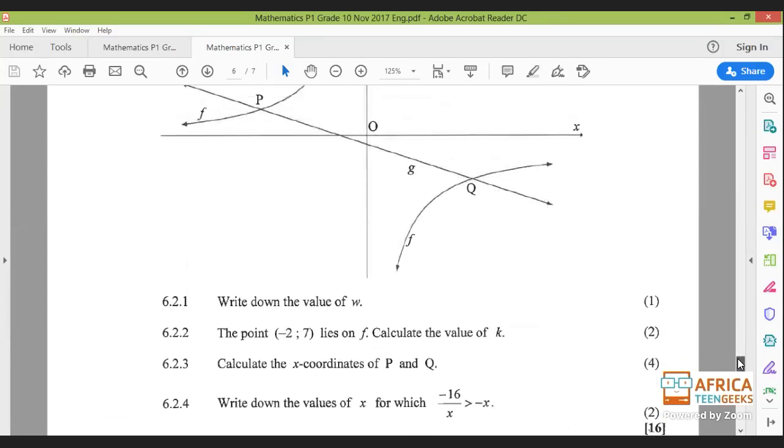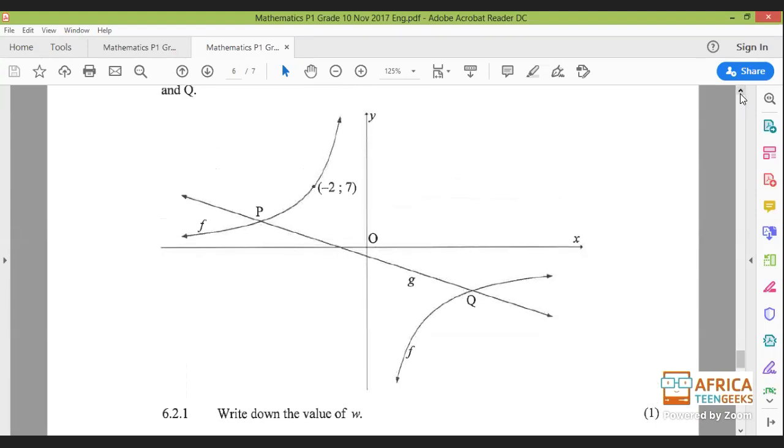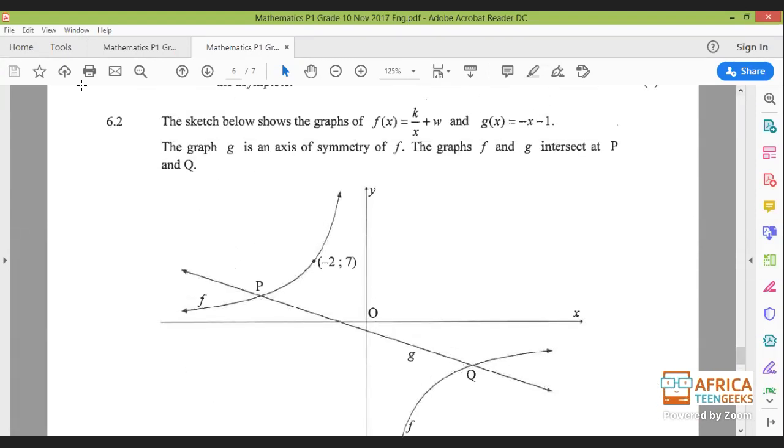The first question says to us, write down the value of w. So here we have to write down the value of w. We know that the value of w is where our f of x has its asymptote.